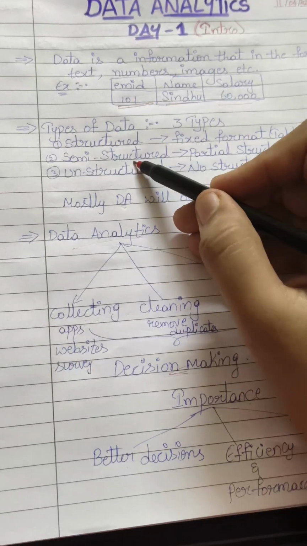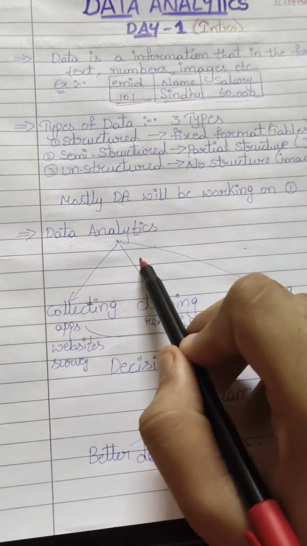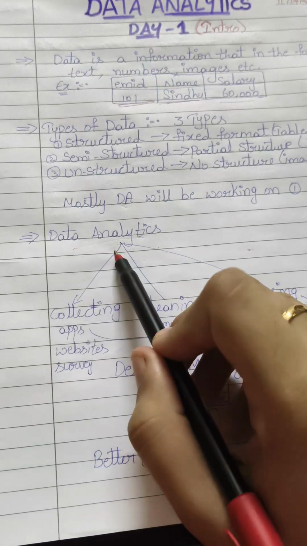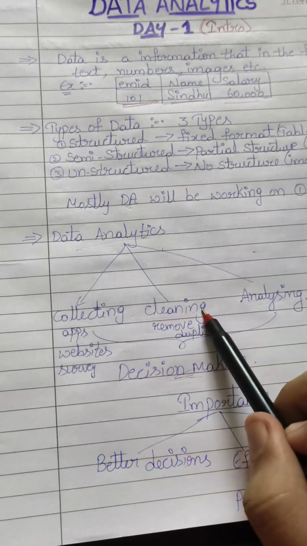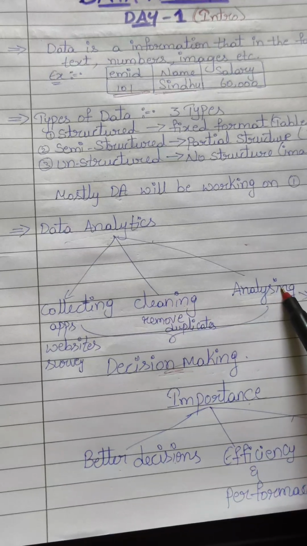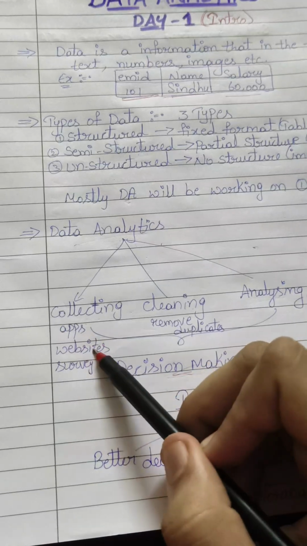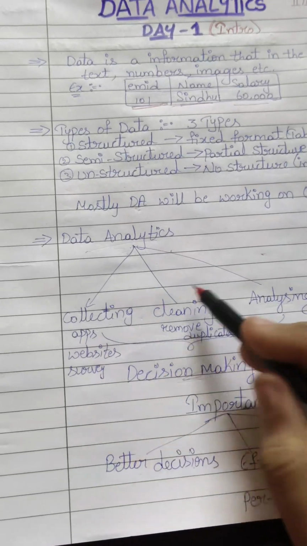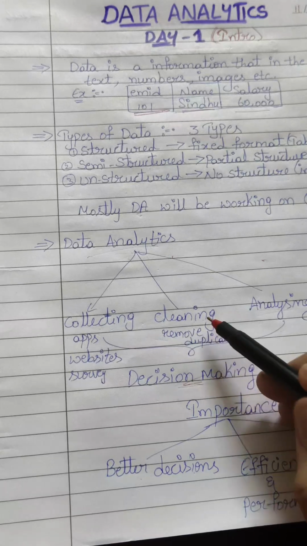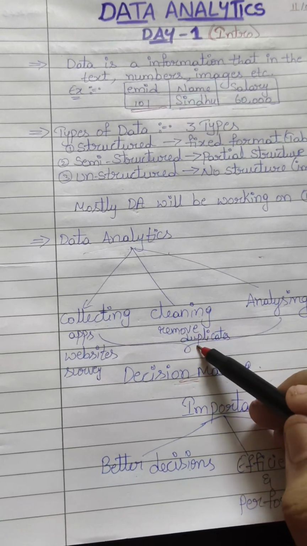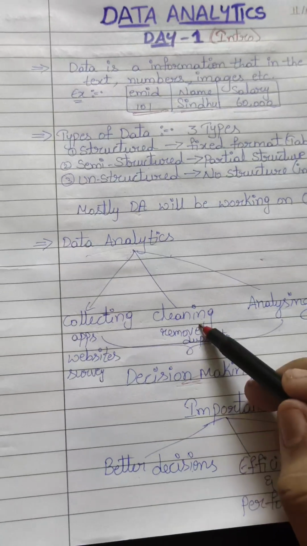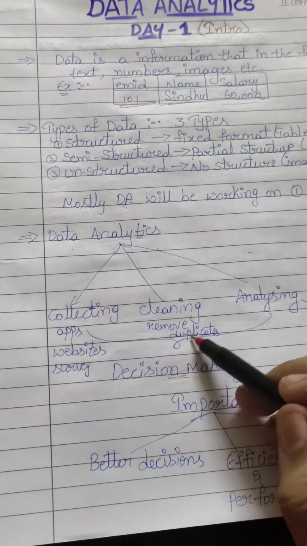Now, coming to the main part, what is data analytics? Data analytics means collecting the data, cleaning the data, and analyzing the data. So from where can we collect the data? From apps, websites, surveys, etc. Cleaning the data means we have to remove the duplicates, and if we have any kind of errors or missing values, we have to clean them.